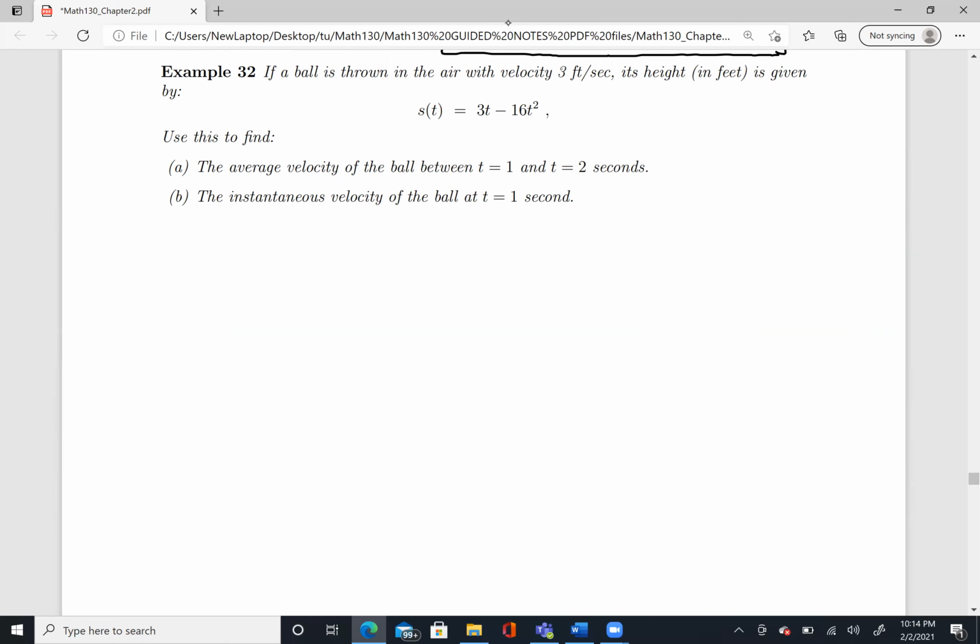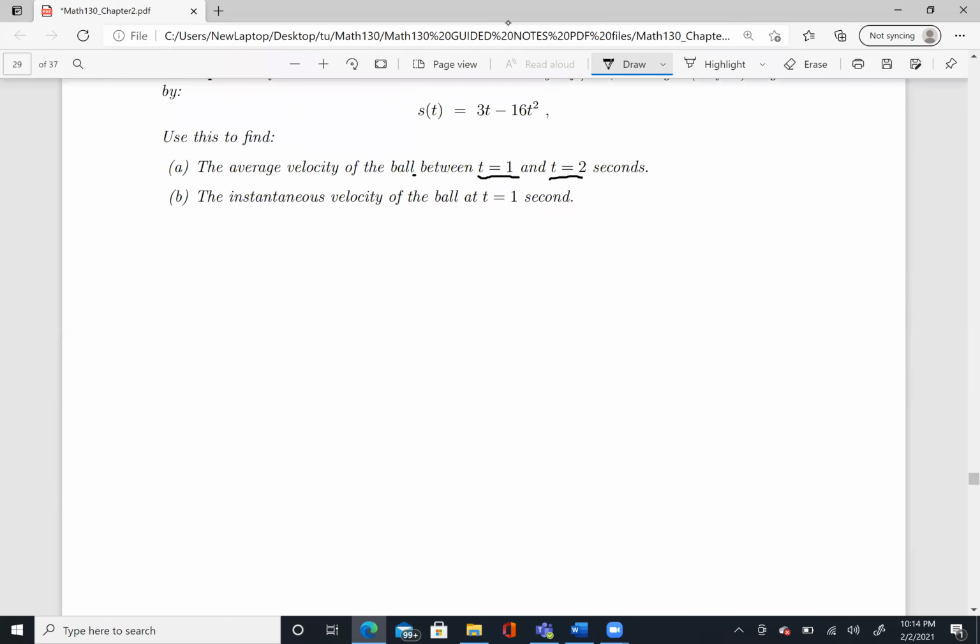Use this to find A, the average velocity of the ball between t equals 1 and t equals 2 seconds. And B is looking for the instantaneous rate of change, so the velocity of the ball at t equals 1.